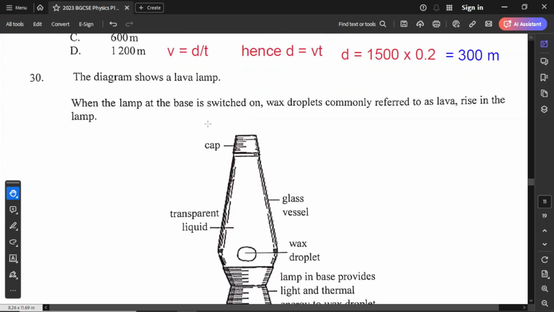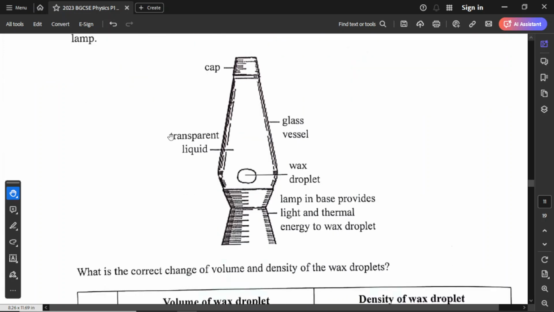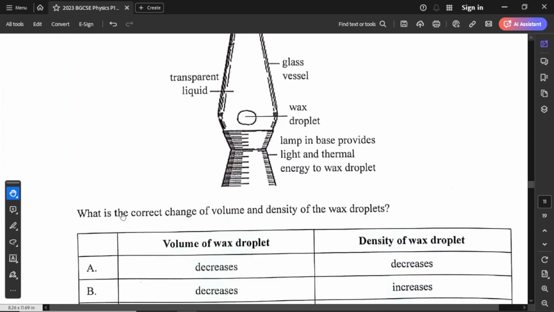Question number 30. It says the diagram shows a lava lamp. When the lamp at the base is switched on, wax droplets, commonly referred to as lava, rise in the lamp. Notice we have the lava droplet right here. The question is: what is the correct change of volume and density of the wax droplet?